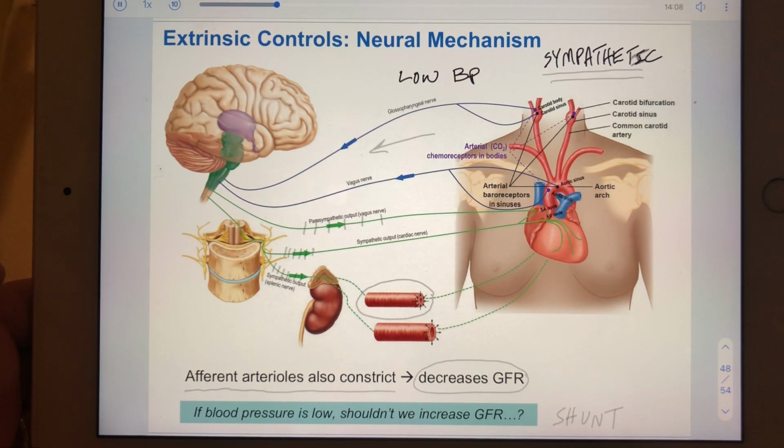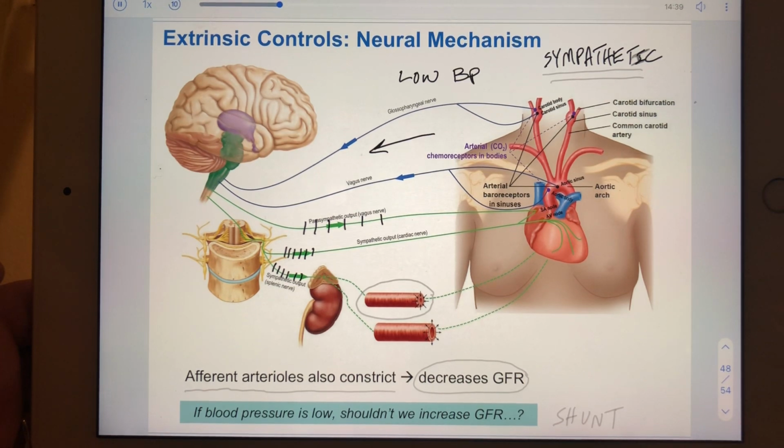Low blood pressure will stimulate infrequent action potentials along our sensory routes. The medulla will respond in turn by sending relatively infrequent action potentials out along our parasympathetic route and relatively frequent action potentials out along our sympathetic route.